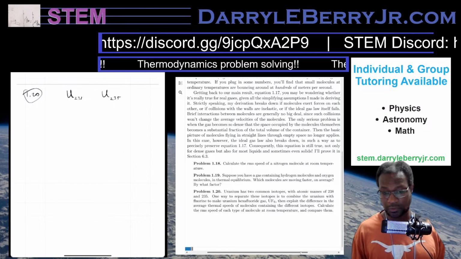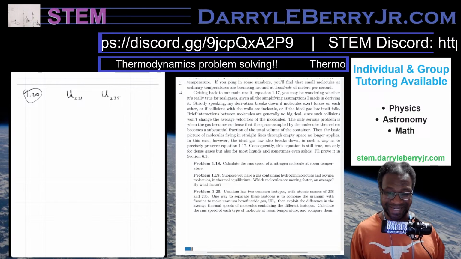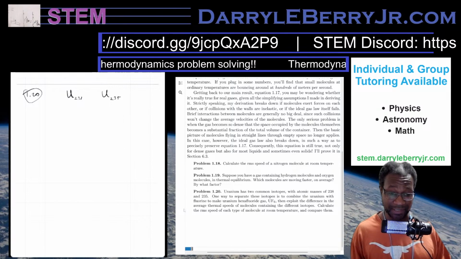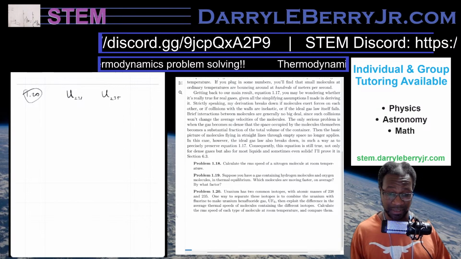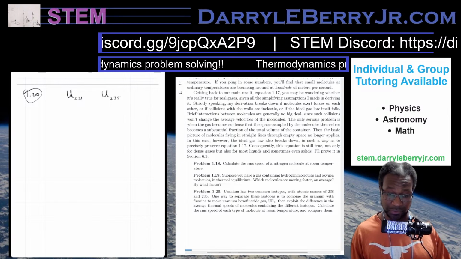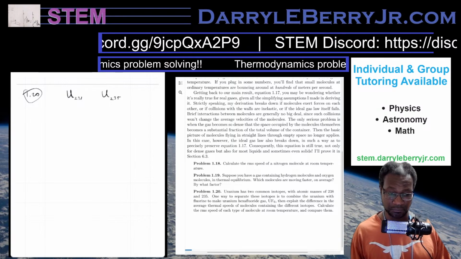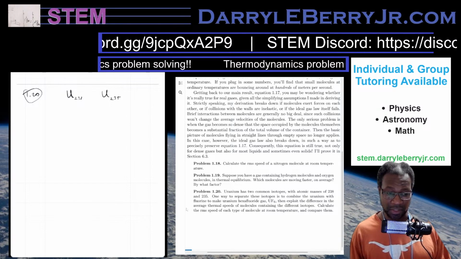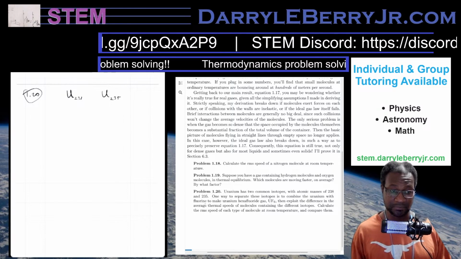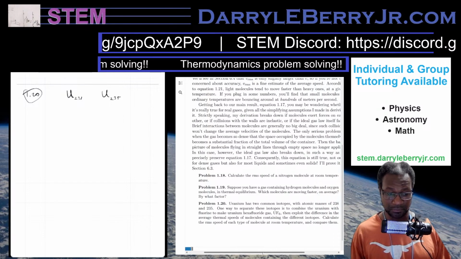I wonder why they mention Avogadro's number for second. One way to separate these isotopes is to combine the uranium with fluorine to make uranium hexafluoride gas, or UF6. Then exploit the difference in the average thermal speeds of molecules containing the different isotopes. Calculate the RMS speed of each type of molecule at room temperature and compare them. I believe that's the whole problem.